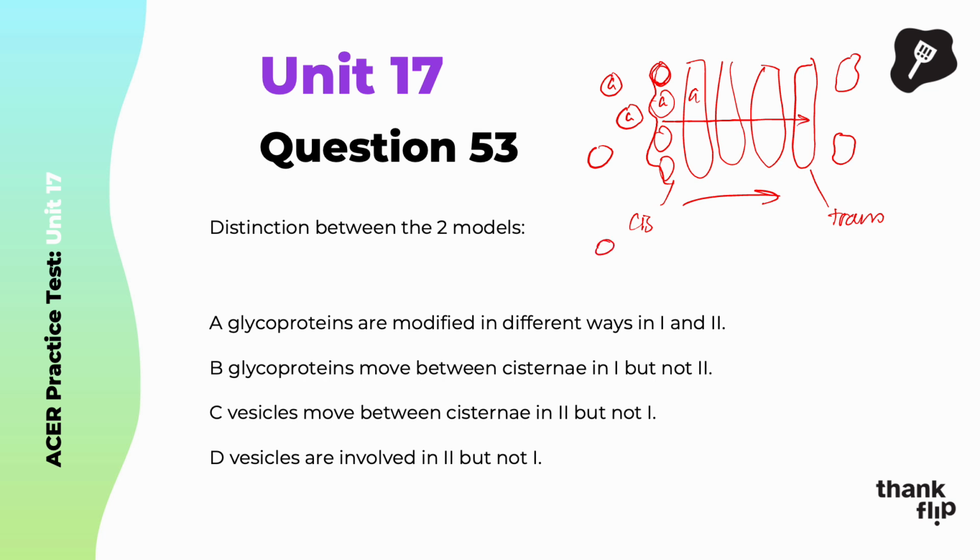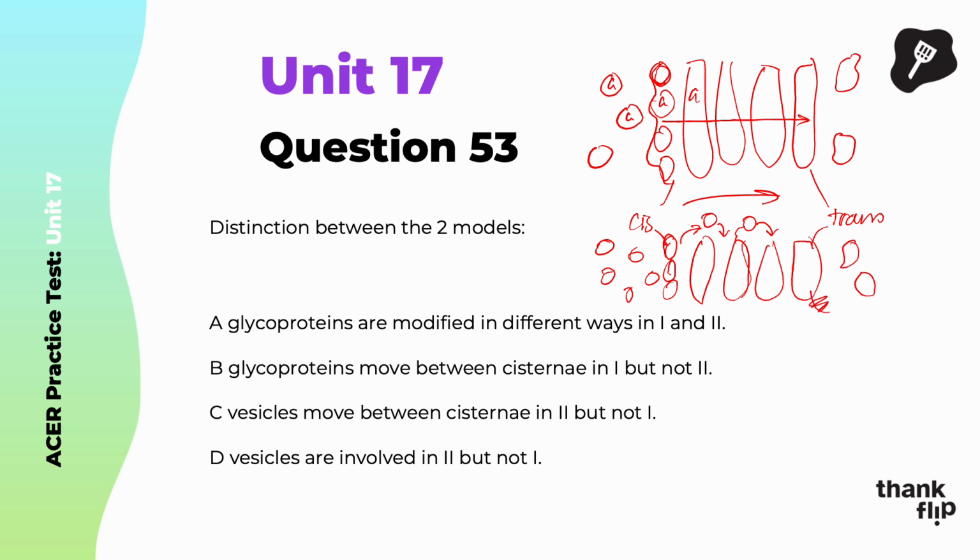And then you have a similar situation in Model 2, but in Model 2, so this is your cis. In Model 2, they don't move through the same way. You have vesicles that are sort of budding off and moving through the cisternae that way. And then at the end, you have the same vesicles forming trans.